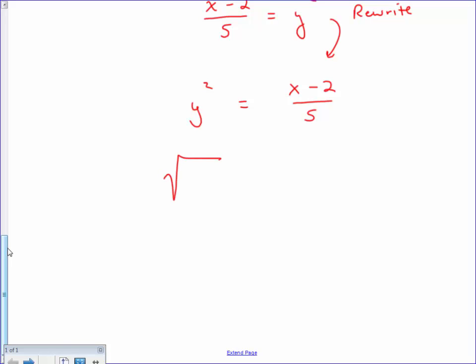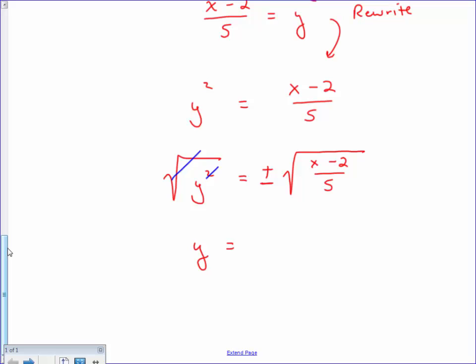To do this, I would take the square root of both sides. Because my root is even, I have to put a plus and minus on the right-hand side. The root is going to cancel the square on the left, and I'll be left with y. And then on the right, I have to choose either a plus or a minus.